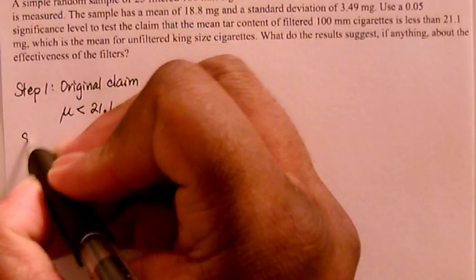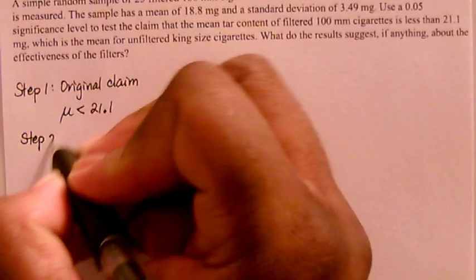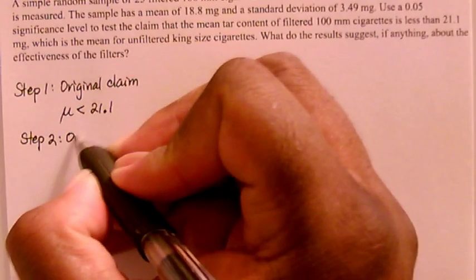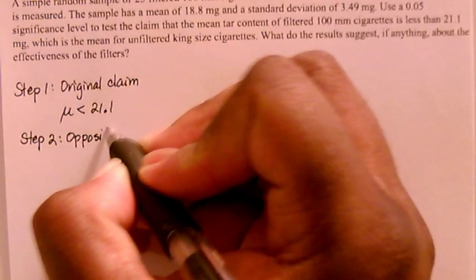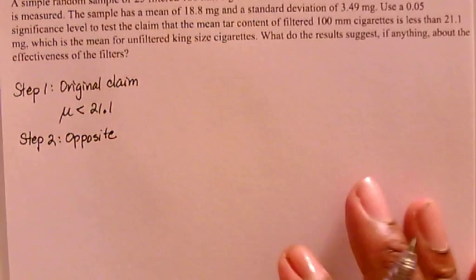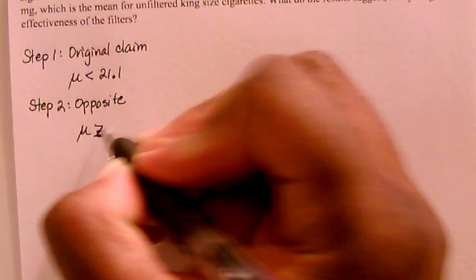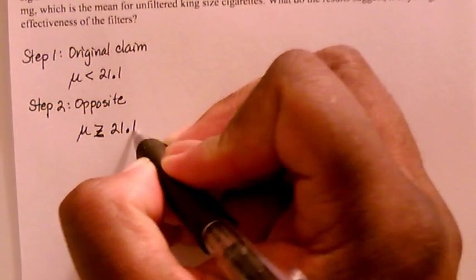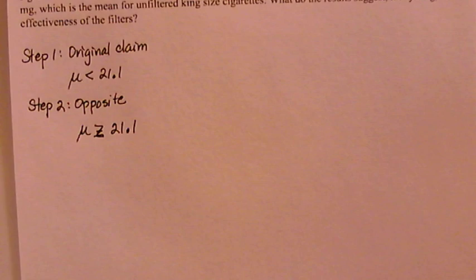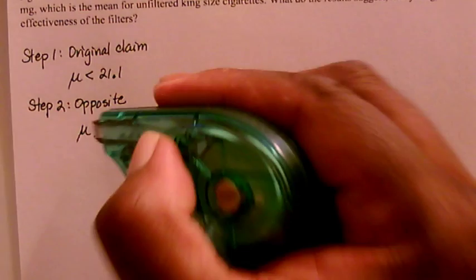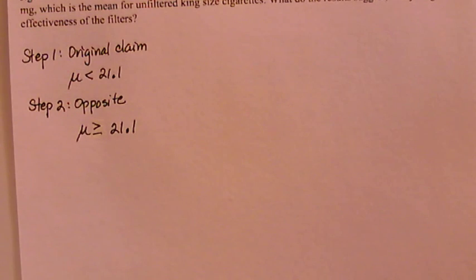Okay, and then step number 2 is the opposite of the claim. Well, the opposite of less than must be greater than or equal to. So here we say that mu is greater than or equal to 21.1.